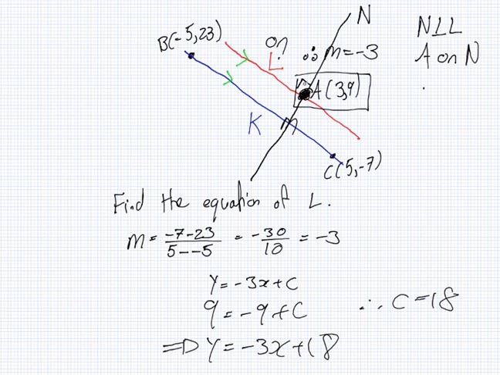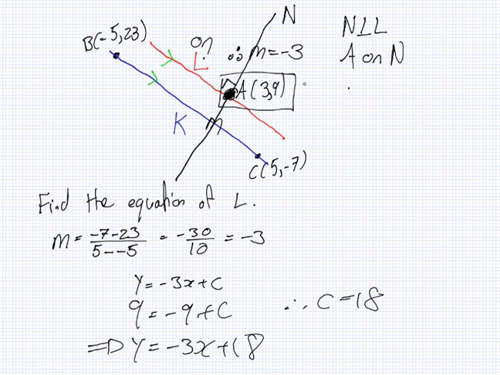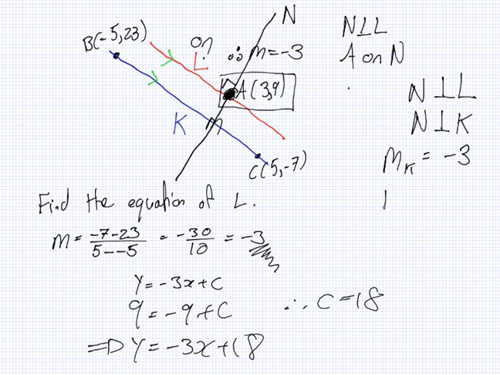Okay, do you have an answer? Let's have a look. So, N is perpendicular to L. N is also perpendicular to K. What's the slope of K? What did we say the slope was? Minus 3. So therefore the slope of N is, if this is 3 over 1, then you're right, it's 1 over 3.